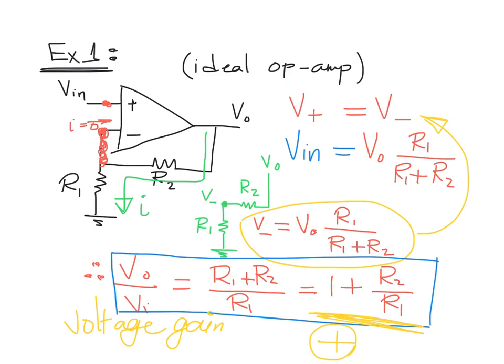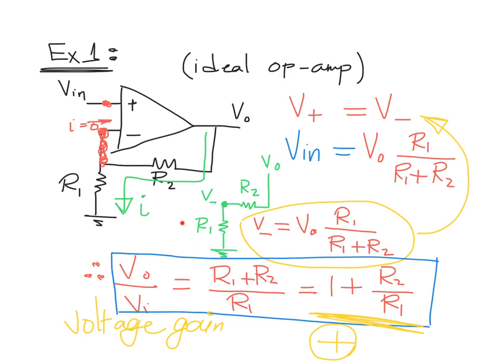To get a relation between Vo and Vin, we have only the KCL equation around this node, which is the V minus. We can solve this in two different ways, both simple. We can take Vo connected to R2, connected to R1, then to the ground, and take this outside the problem, and then apply the voltage divider.